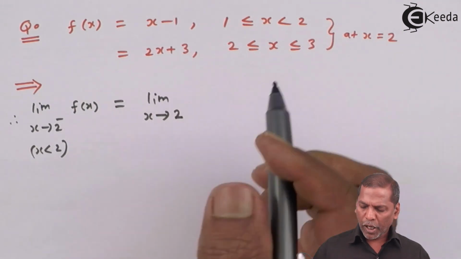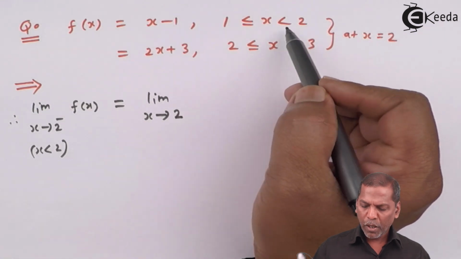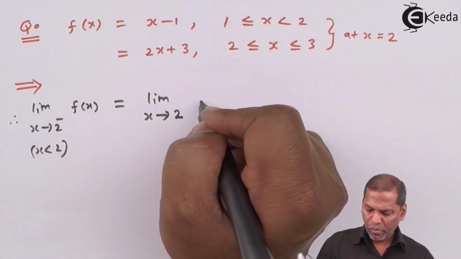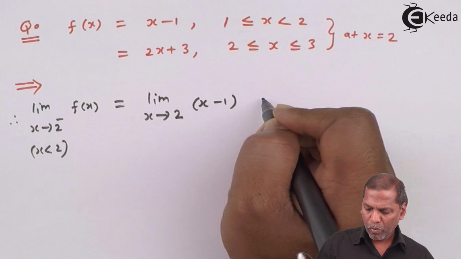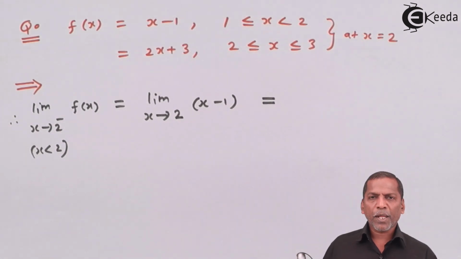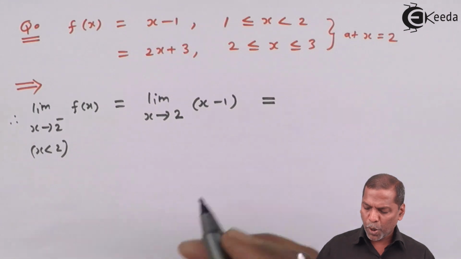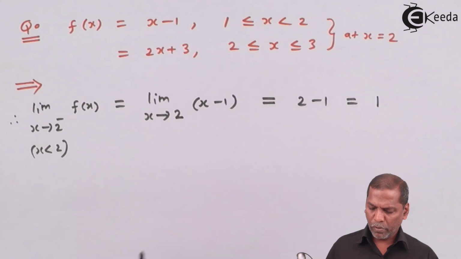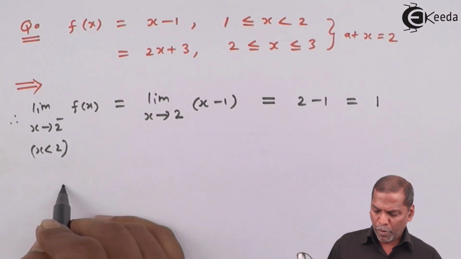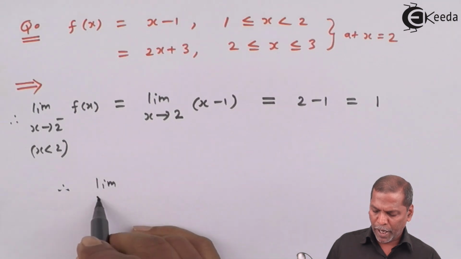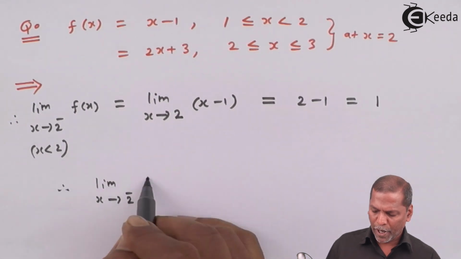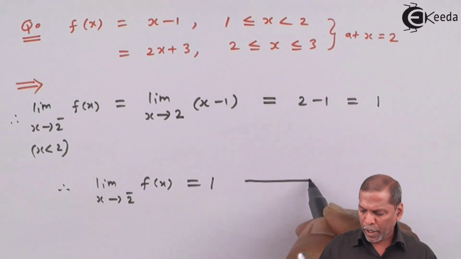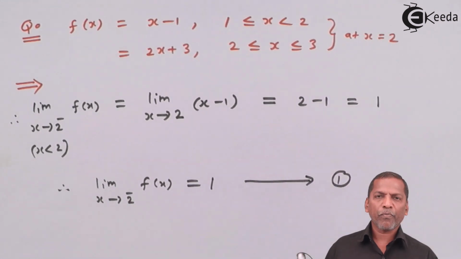Now in the question, x less than 2 gives f of x is equal to x minus 1. Now wherever x appears, we substitute the limit 2. So the next step will be 2 minus 1, and that is equal to 1. So in this way we get the left hand limit, limit x tends to 2 minus f of x is equal to 1. Let us denote this as equation 1.